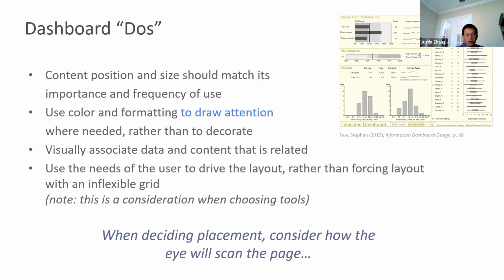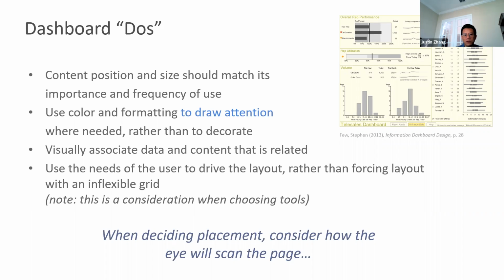There are some things we want to emphasize about an effective dashboard. For instance, the content position and size should match its importance and frequency of use. Only use color and formatting to draw attention when needed, rather than to decorate. Visually associate data and content that is related, and this should be carefully considered.